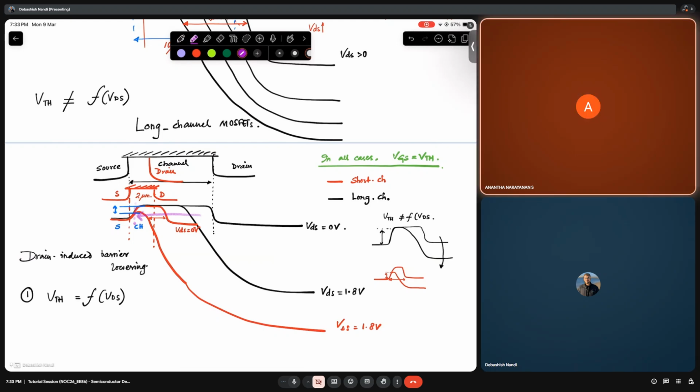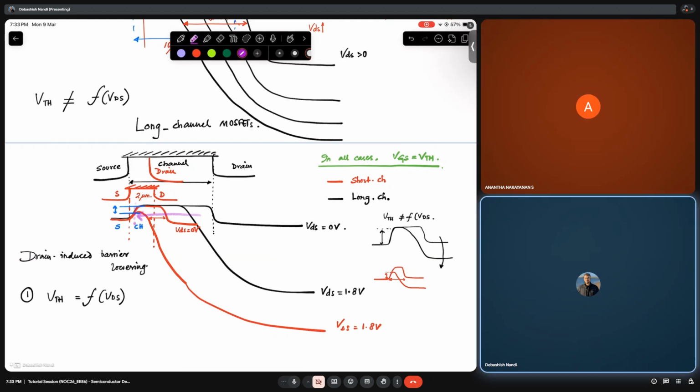So that will pull down, because by increasing VD, this is pulling down the energy barrier. So that is lowering the source to channel barrier.